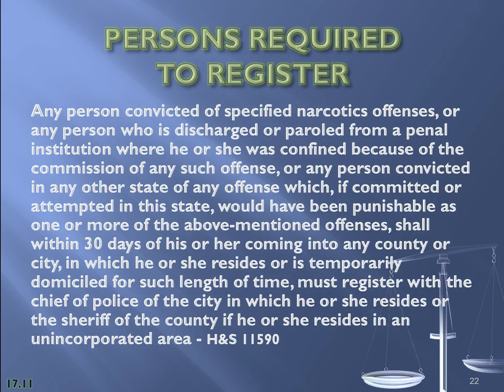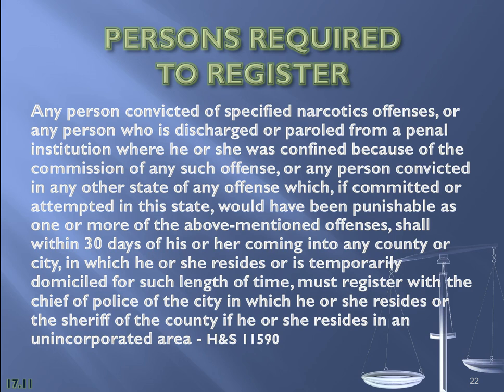Also keep in mind, as we're getting closer, that any person convicted of specified narcotics offenses, or any person who was discharged or paroled from a penal institution where he or she was confined because of the commission of any of those offenses listed in section 11590, or any person convicted in any other state of any offense which, if committed or attempted in this state, would have been punishable as one of the above mentioned offenses, shall within 30 days of coming into any county or city in which the person lives, register with the chief of police of the city in which he or she resides, or the sheriff of the county.